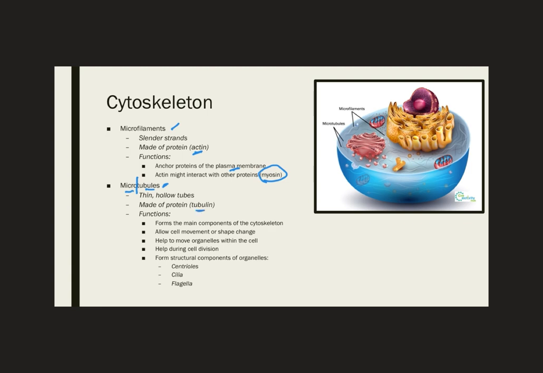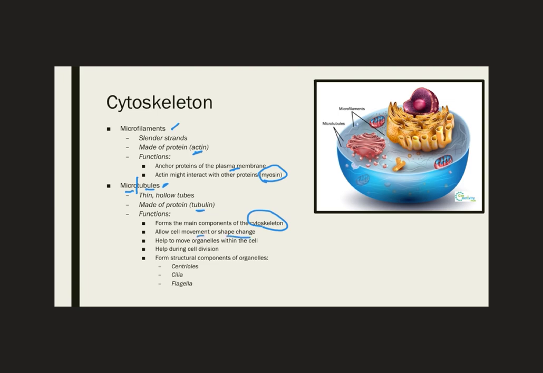With regards to the functions of the microtubules, there are several. As they form the main components of the cytoskeleton, they give the cell strength and rigidity and also anchor the major organelles. They also allow cells to change shape and may help the cell to move.